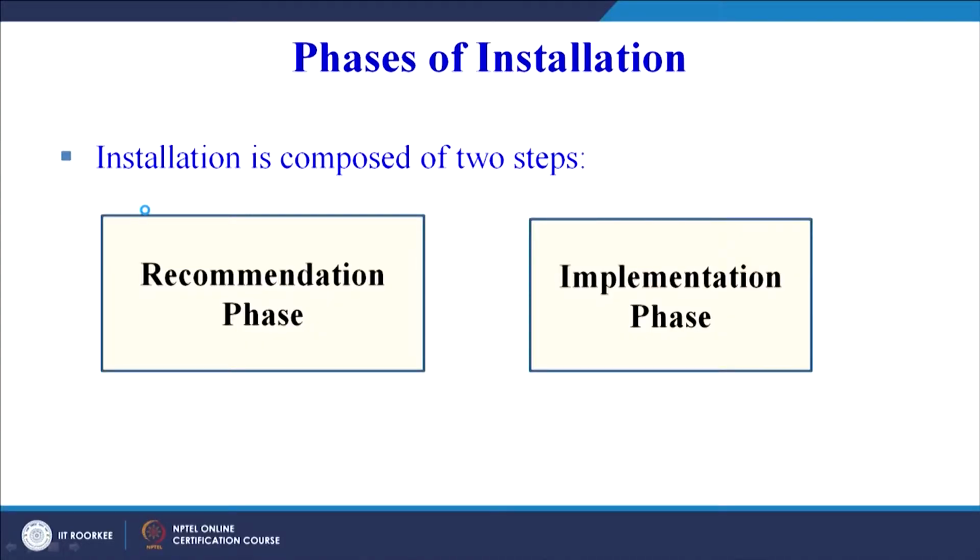Now phases of installation can be a recommendation phase and an implementation phase. So this we have already seen, that we have to prepare a change proposal: this is the current method of doing the work, this is the proposed method of doing the work. As per the proposed method, this many operations can be reduced.